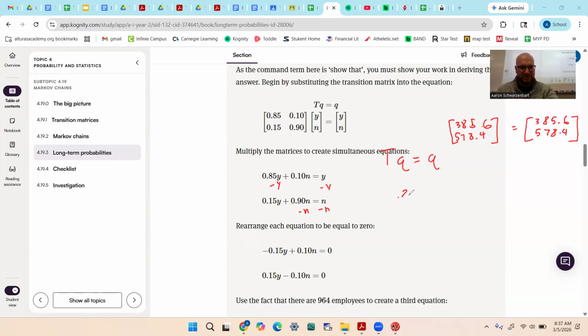So I've got negative 0.15y plus 0.1n equals 0. And 0.15y minus 0.1n equals 0.